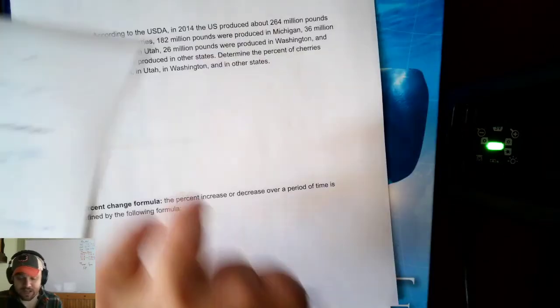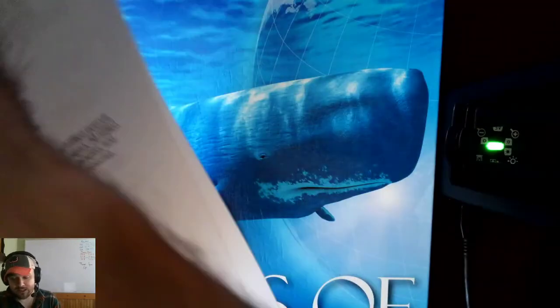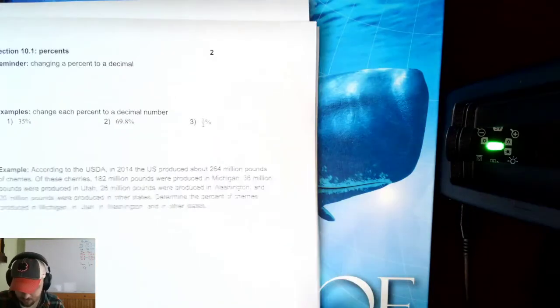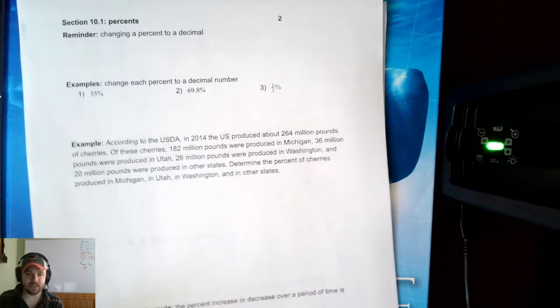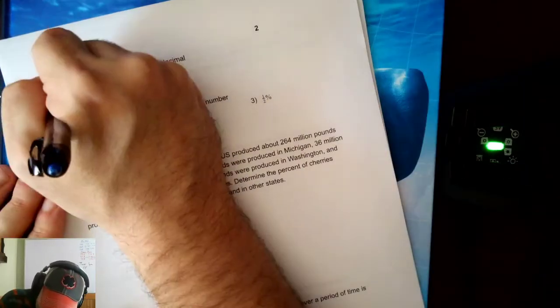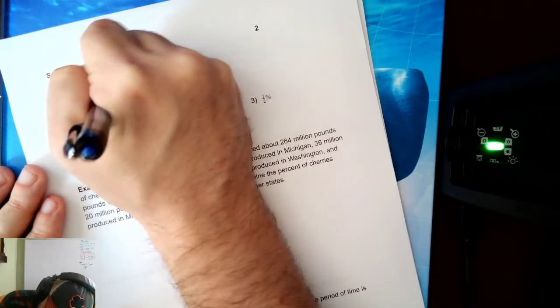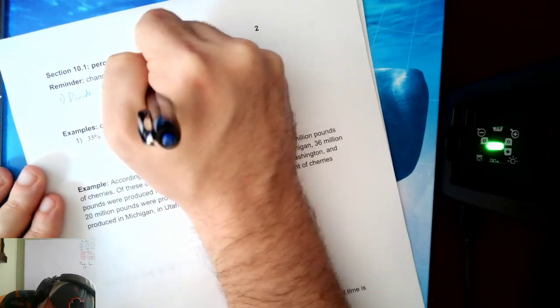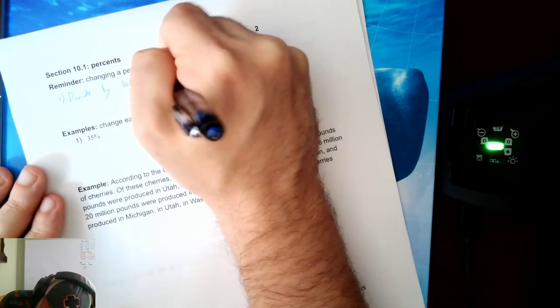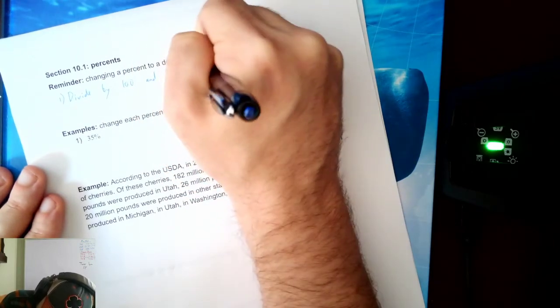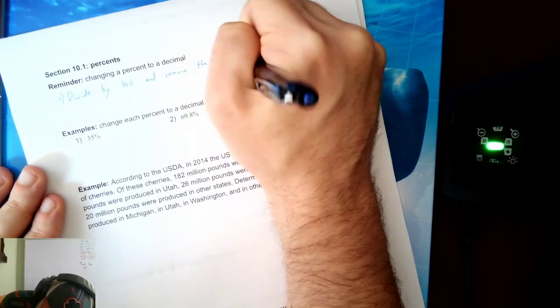Now, lastly, how do we go from a percent to a decimal? Well, to go from a percent to a decimal, the first step is divide by 100 and remove the percent sign. And that's it.